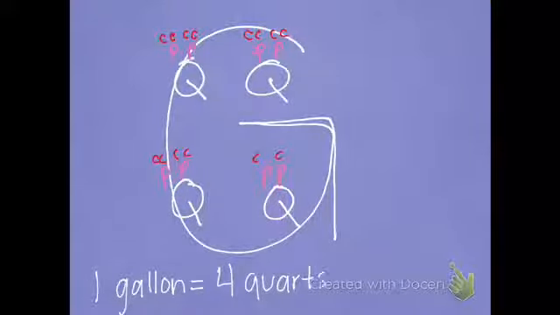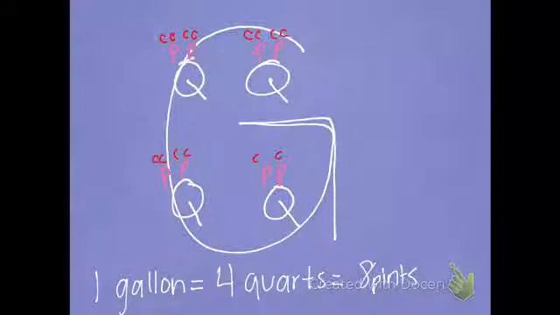You should be writing this with me, please. All 4 quarts have 8 pints, and all of the gallon has 16 cups. So if you counted all of these little C's, the children, it makes up 16 cups, and that makes up 1 gallon.